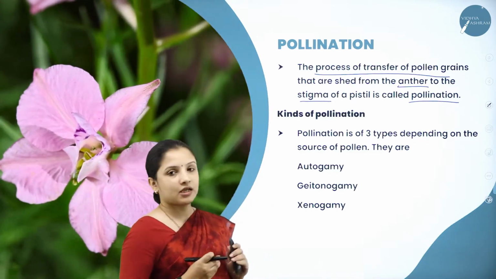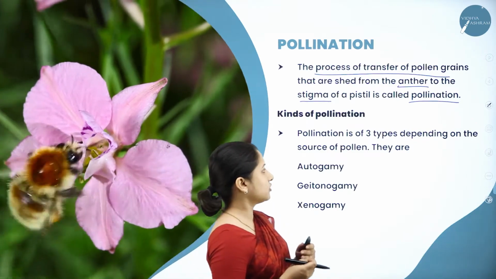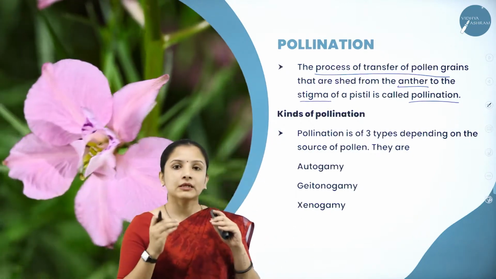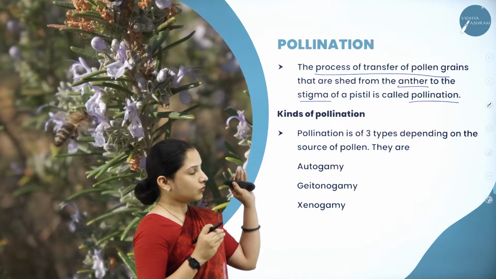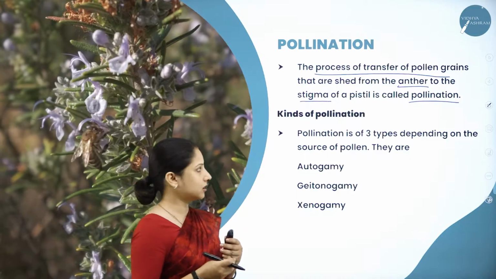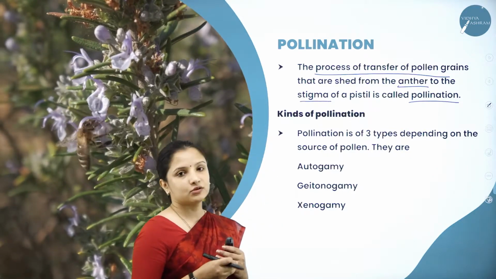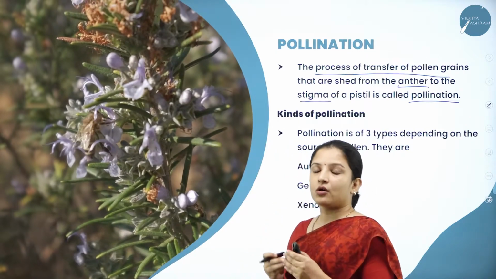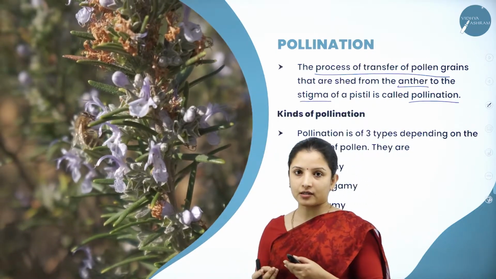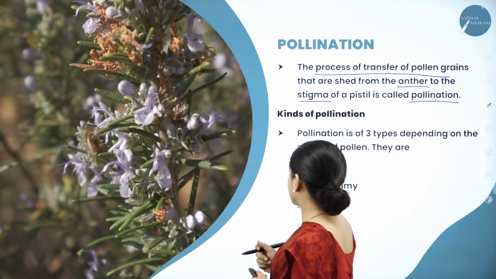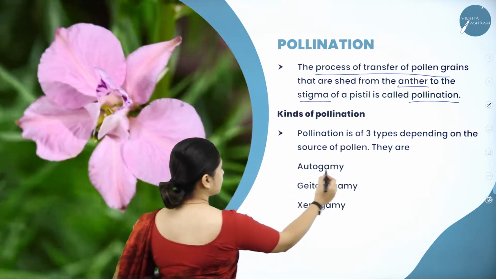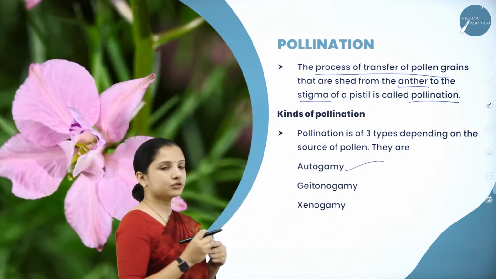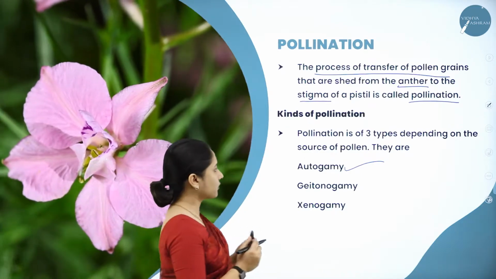In pollination, there are different types. Depending on the source of the pollen, or on how pollination occurs, pollination is of three types. The first one is called autogamy.